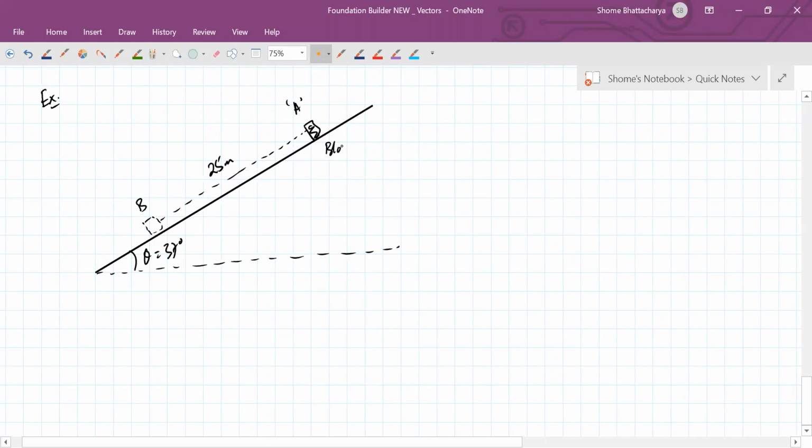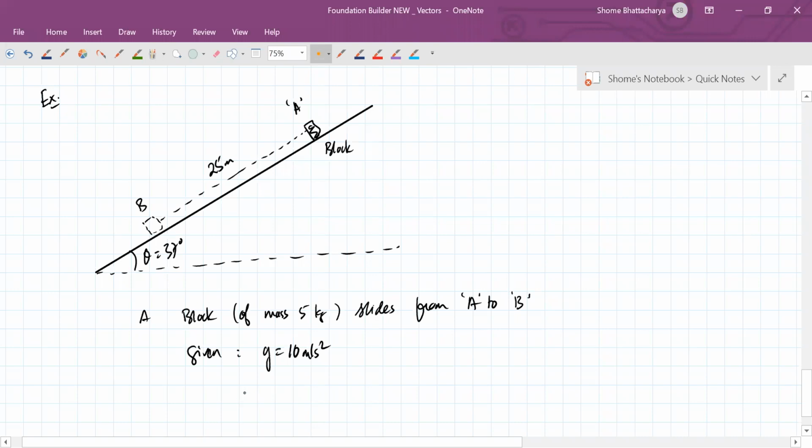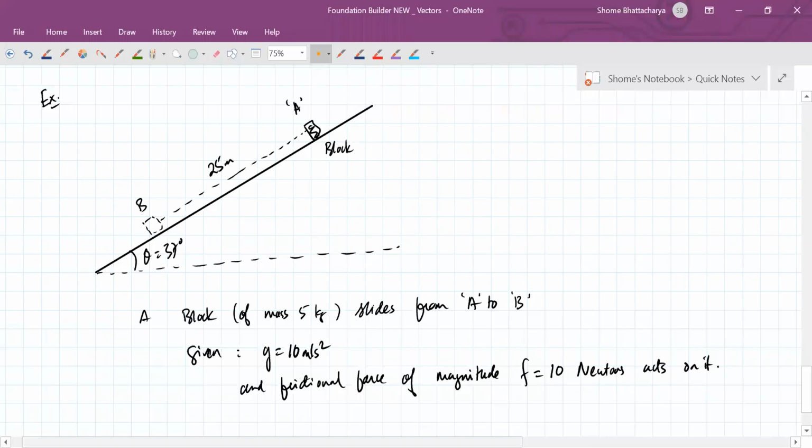A block of mass 5 kilograms slides from A to B, given g is equal to 10 meters per second square, and a frictional force of magnitude 10 newtons acts on it.